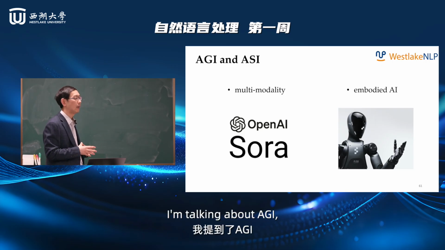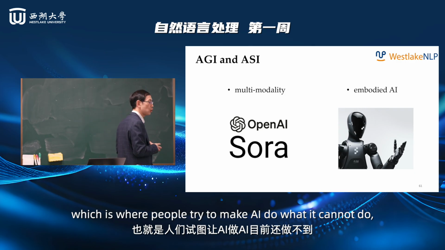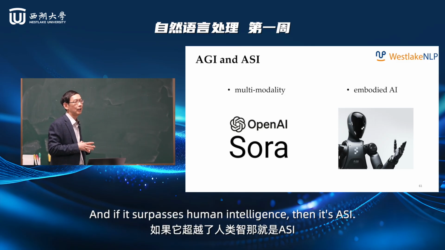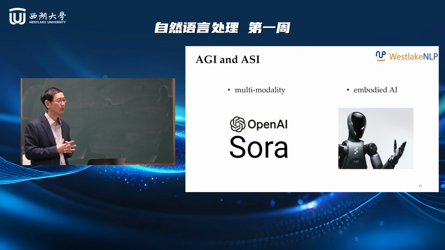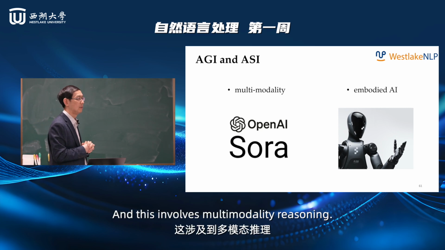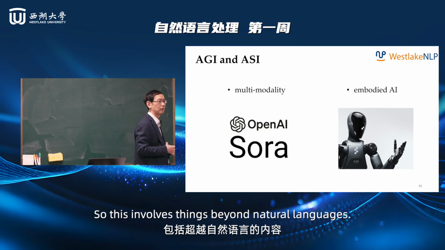I'm talking about AGI, where people try to make AI do what it cannot do but humans can do right now. If it surpasses human intelligence, then it's ASI. This involves multimodality reasoning, things beyond natural languages.